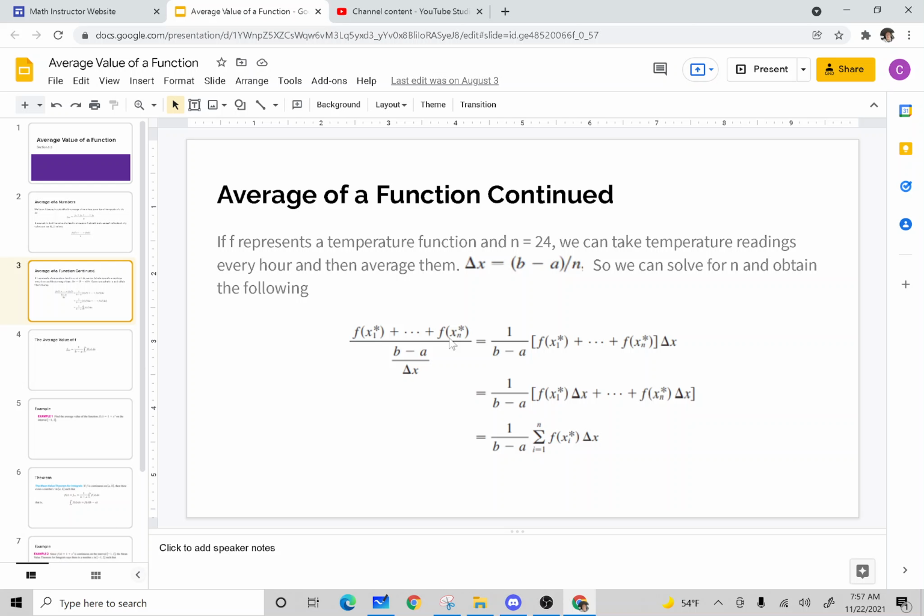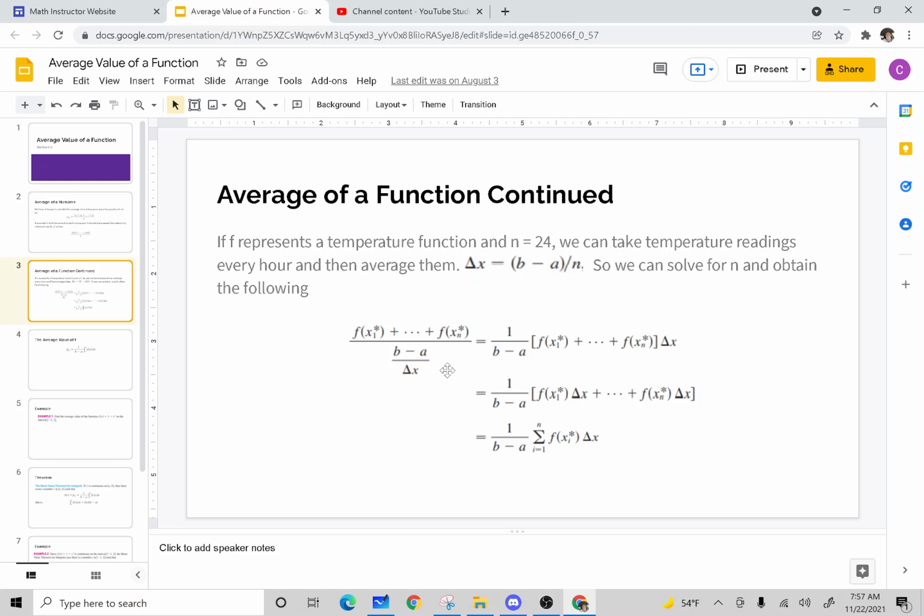If f represents the temperature over 24 hours, we can take the temperature readings every hour and average them, using the change in x equal to (b minus a) over n. So we can solve for n and obtain the following. As you can see, we've got f of x over (b minus a) times the change in x.